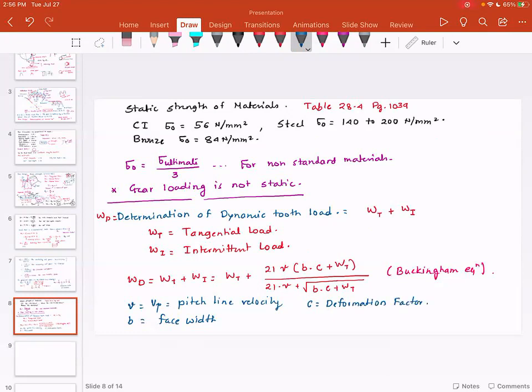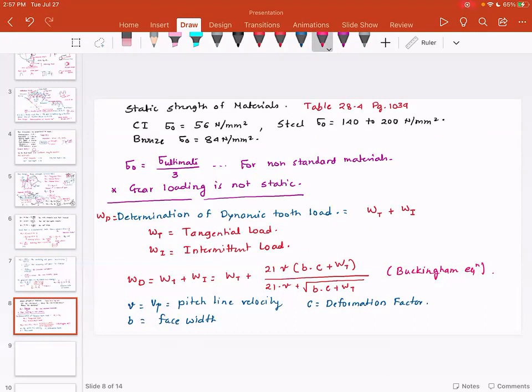This deformation factor tells you the relative deformation when the teeth are coming in contact.